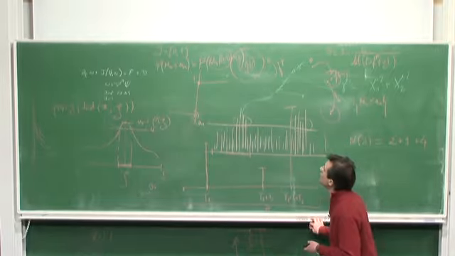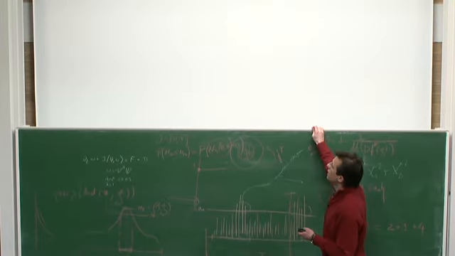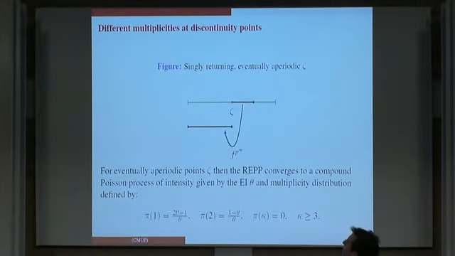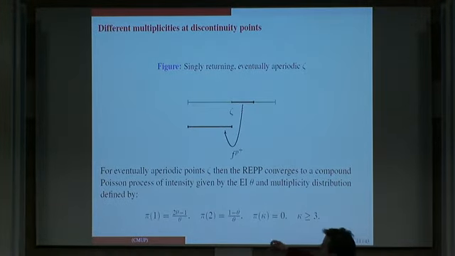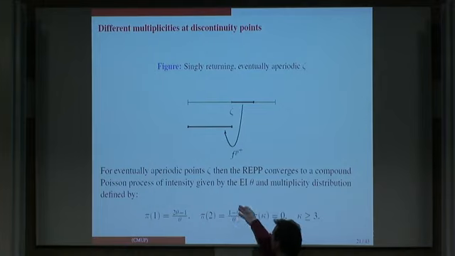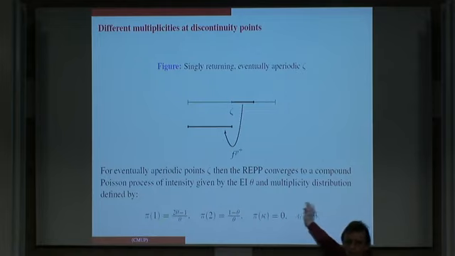And so what you see is that the rare events point process converges to a compound Poisson process, but in this case, P1 takes this value, P2 is also positive, and Pk is always 0 for k larger than or equal to 3. Okay?